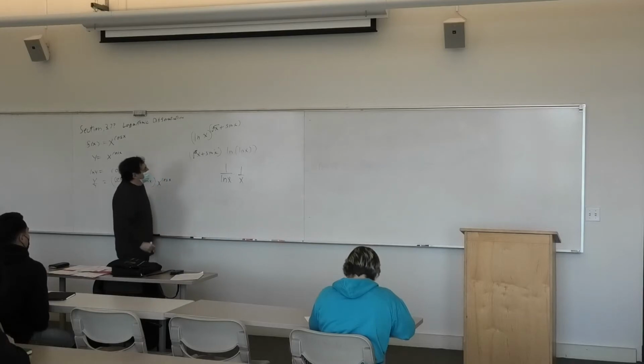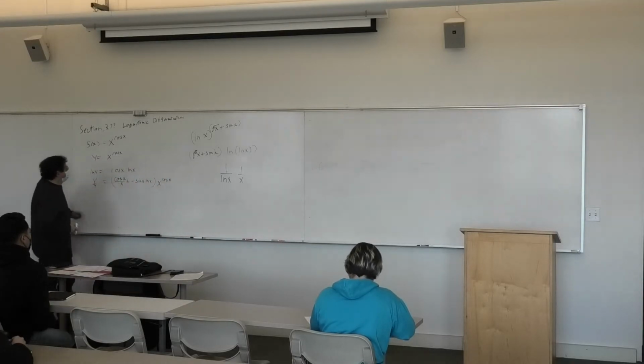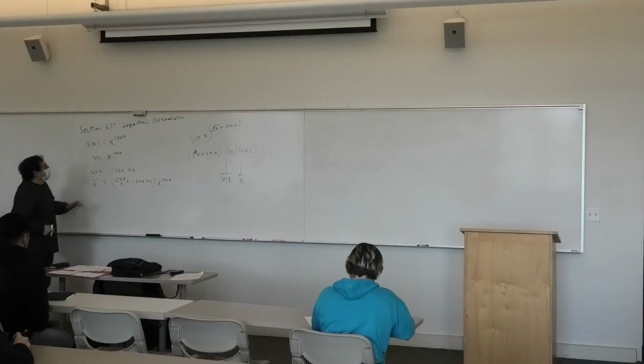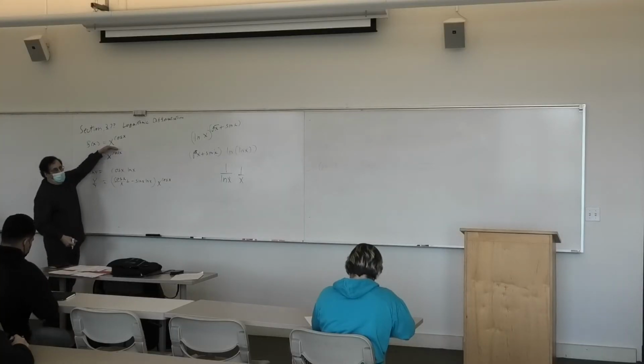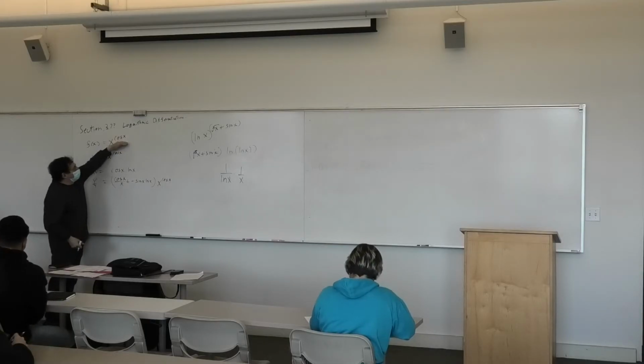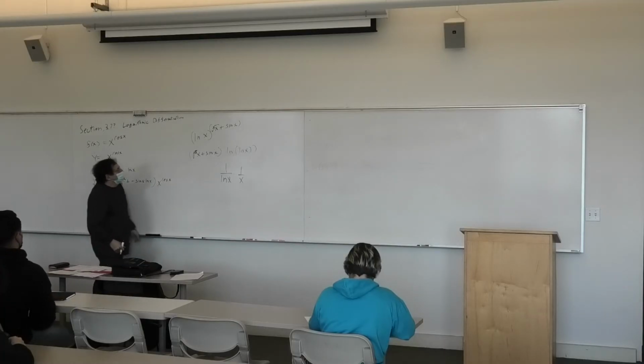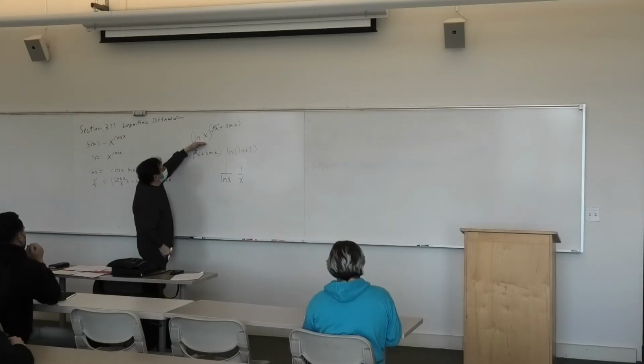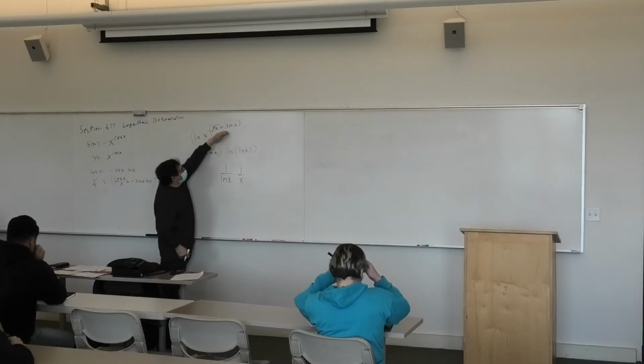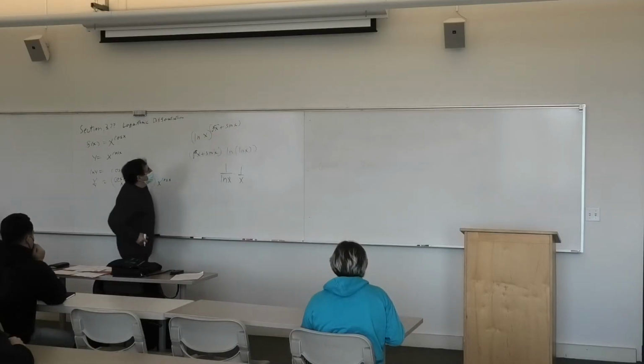Yeah, you can do that too. So this is a really powerful technique for functions where you have an x in the base and also in the exponent. In this case, it's a function in the base of x. And here, it's a function in the exponent.